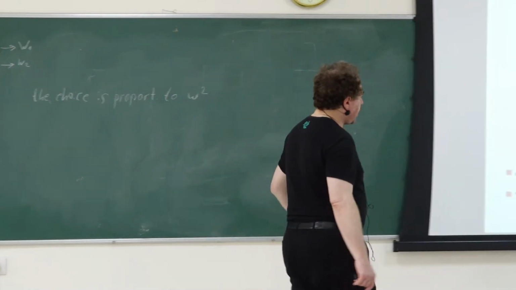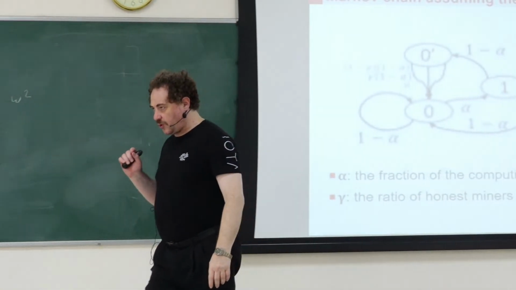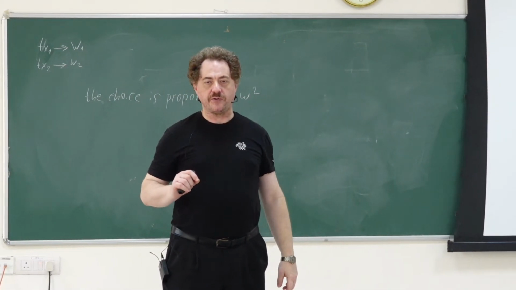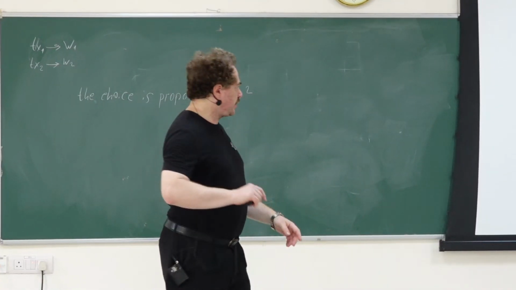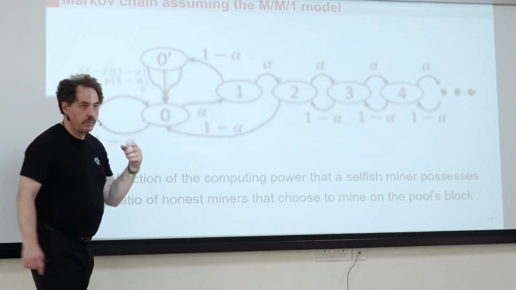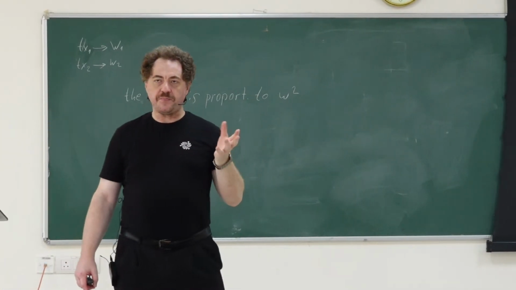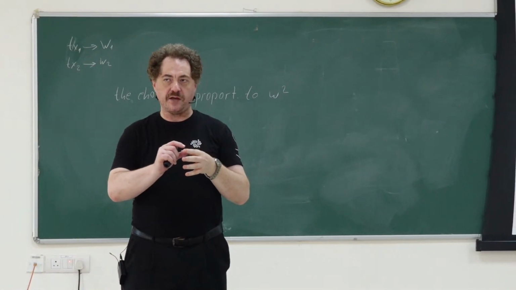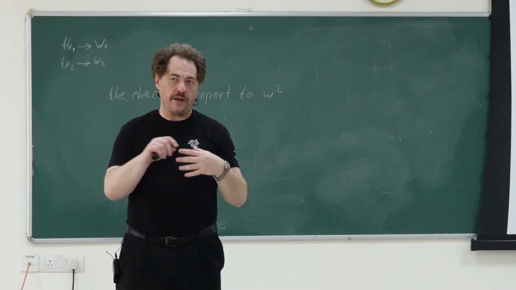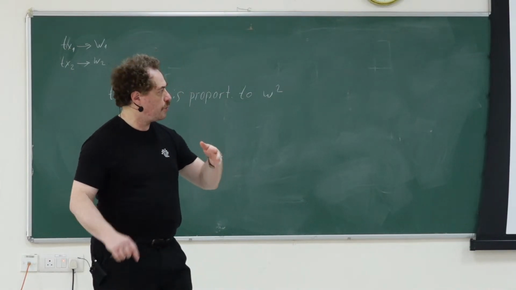And another case for state 0 is when the length of the private chain is 1 and the length of the public chain is 1. And that's probably the most important state, this one. This state means that the private chain had an advantage of 1, and now the public chain found the block. Now the delta is 0.